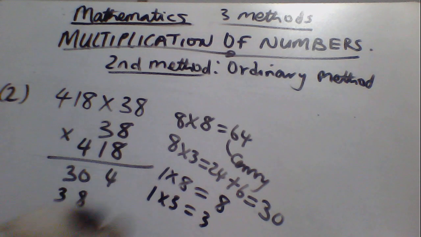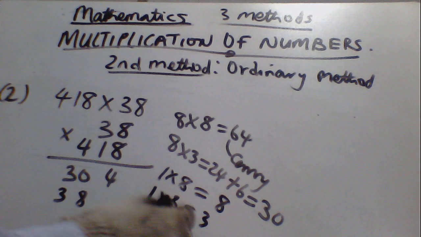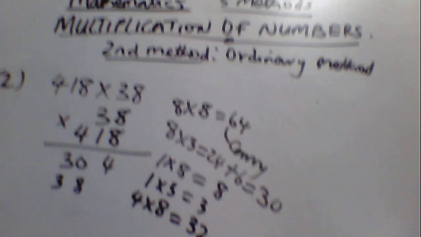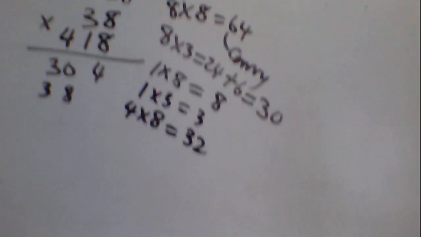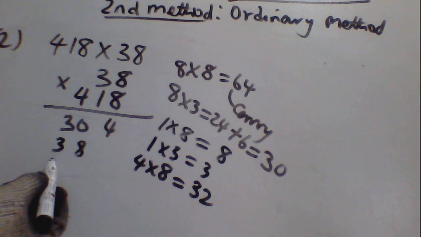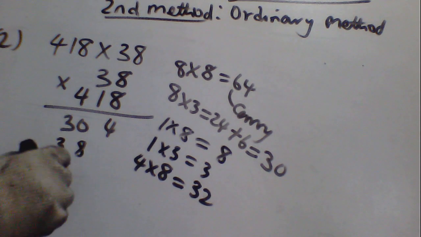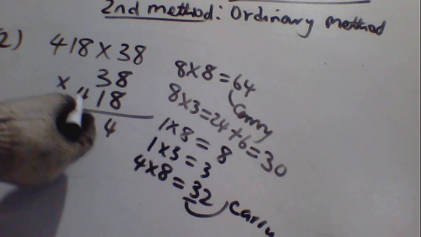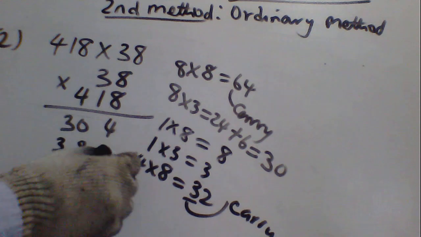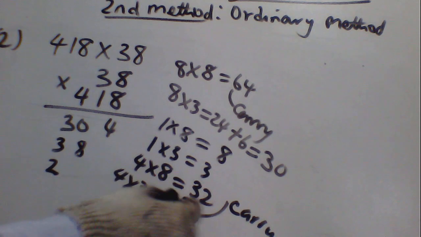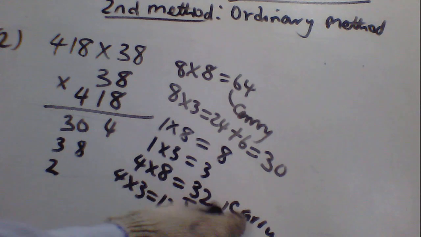4 times 8 is equal to 32. So I write 2 and carry 3 to the next digit. 4 times 3 will give us 12, plus the 3 I carry, and that gives us 15.